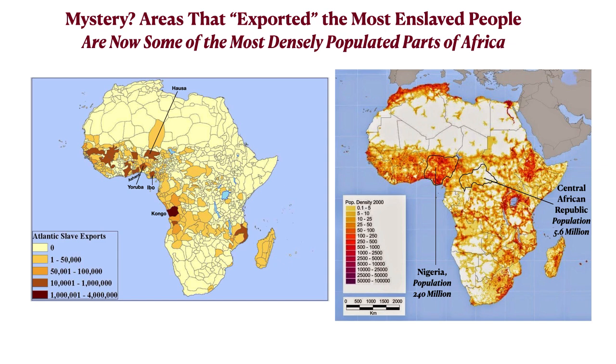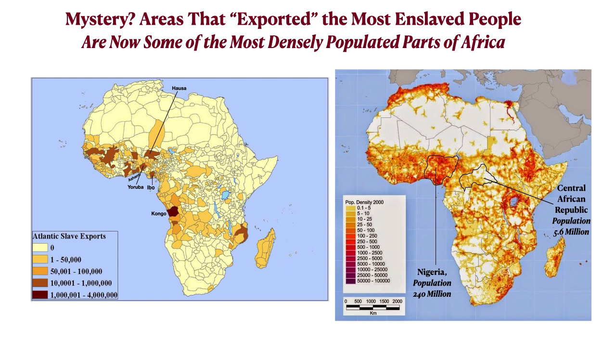And then I want to contrast that with an area that is, in the current day, the state of the Central African Republic. You can see it, aptly named, generally in the central part of Africa. If you look on the map on the left, I didn't outline this region.